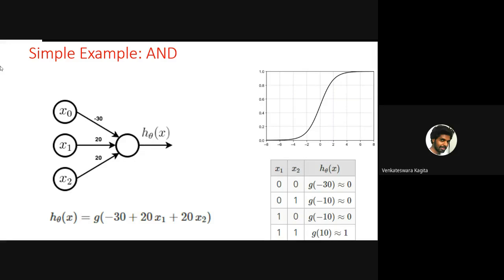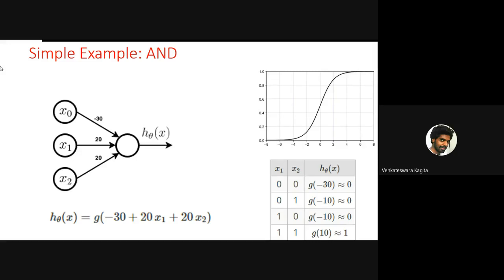The simple example we have taken is the AND gate. If both inputs are 1, then the output should be 1. If at least one of the inputs is 0, then it is 0. Let's see whether that is achieved using the weights minus 30, 20, 20, with x0 equal to 1.